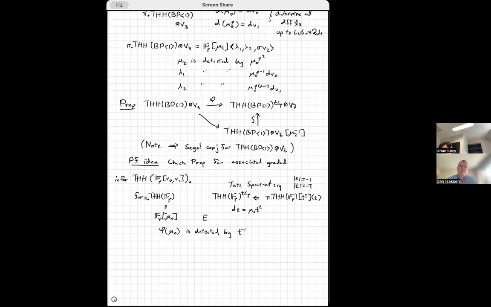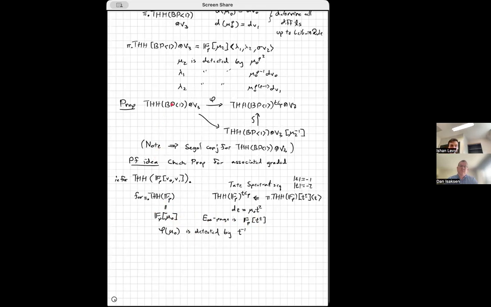And you can see that the E infinity page of the spectral sequence is just FP adjoin t plus or minus 1, because the epsilon sort of cancels out with this mu. And so you can see that the Frobenius map is exactly just inverting mu. It's just sending mu to the inverse of t. And so this is just the ring that you obtain by inverting mu. It's a Laurent polynomial ring. So that's what the Segal conjecture looks like for THH of FP.